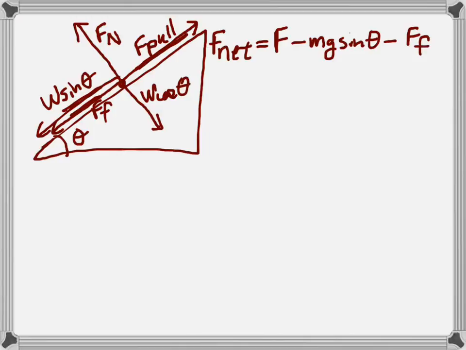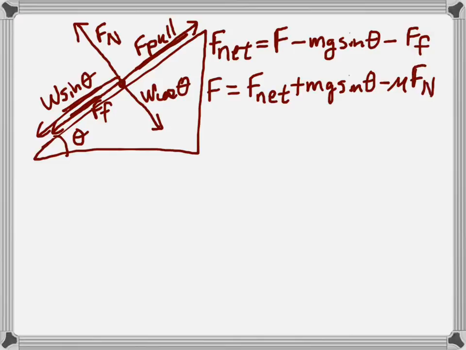Now what we're going to try to do in this problem is solve for the actual pull force. I want to figure out what the pull force would be. So the pull force should equal F net plus mg sine of theta, plus the friction force, which would be mu times normal force.